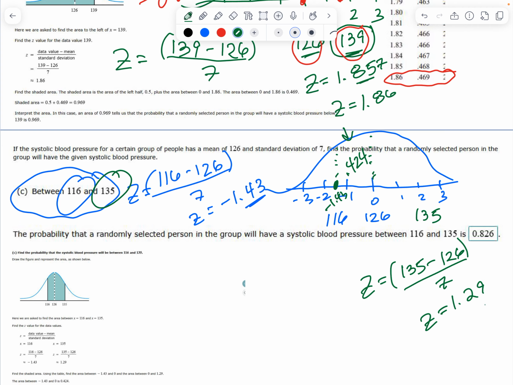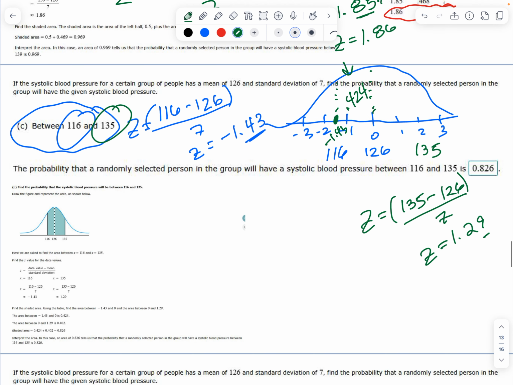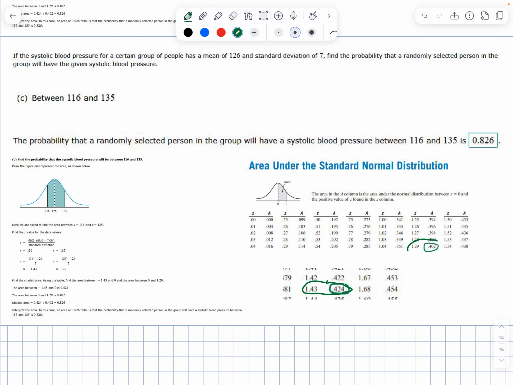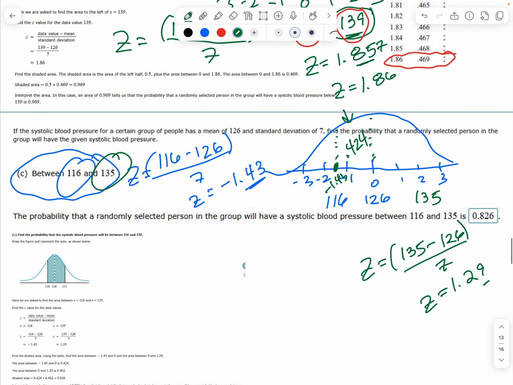Now I'm rounding that, right? Because we want to come out to 2 decimal places. So let's go find the area that goes with 1.29. Okay, 1.29 has an area of 0.402. So let's mark this. This is 1.29, and this has an area of 0.402.